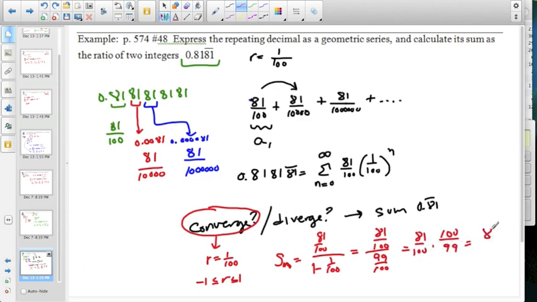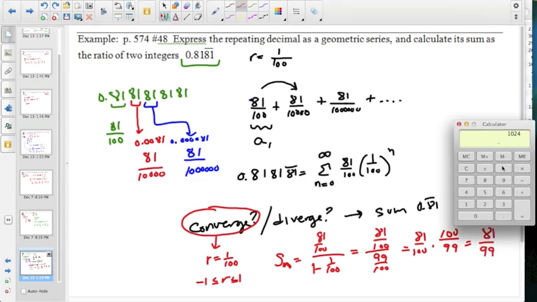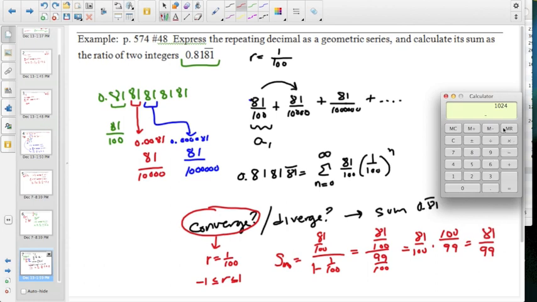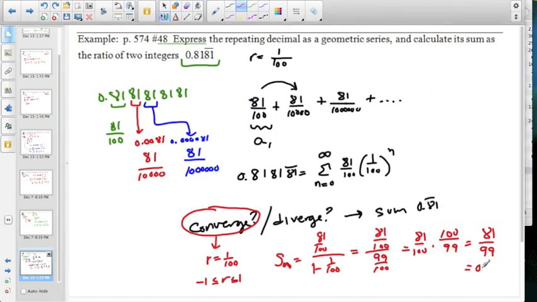And so the sum is 81 over 99. And if you take 81 divided by 99, you get 0.818181 repeating. So that is the sum of the series.